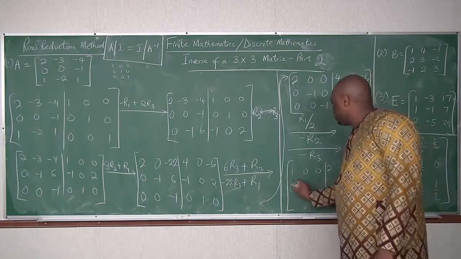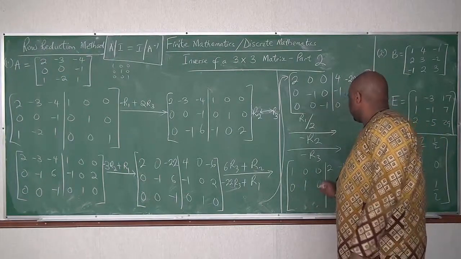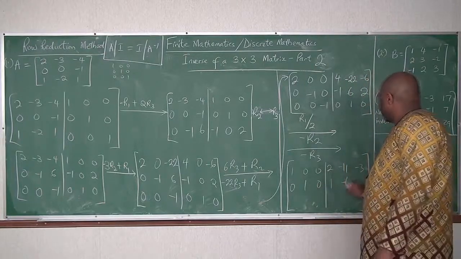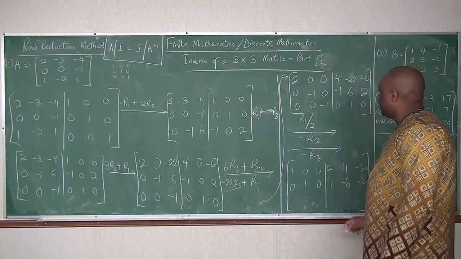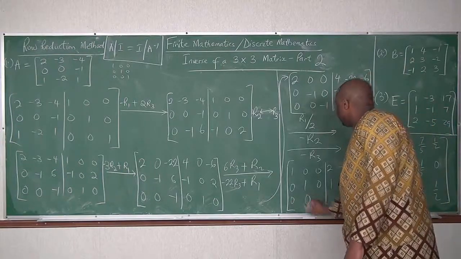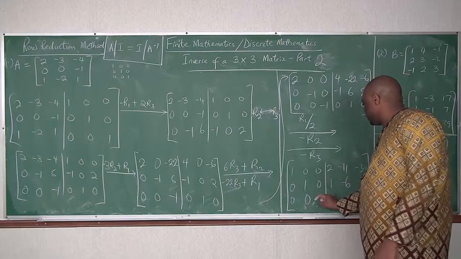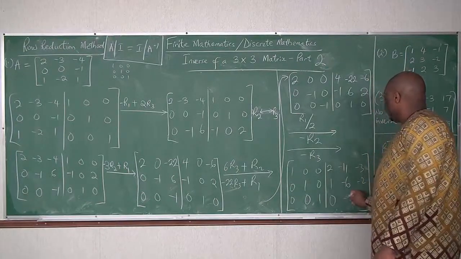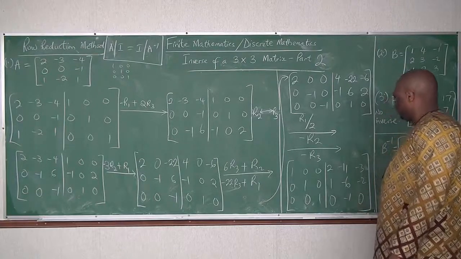Then this will be 0. Negative negative 1 is 1. 0. Negative negative 1 is 1. Negative 6. Negative 2. Then this is 0, 0. Negative negative 1 is 1. Then this is 0. This is negative 1. And this is 0.